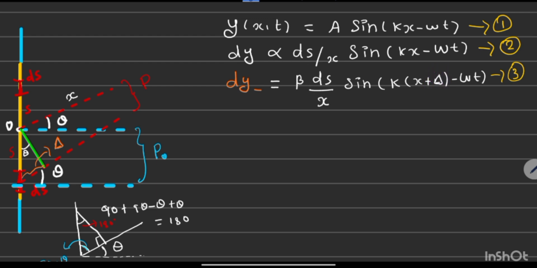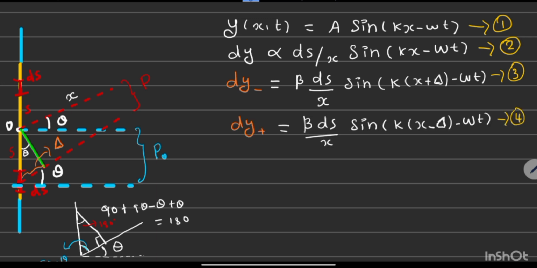To account for the path difference, I added the factor delta. Delta is the path difference. Now in a similar way I can consider a plane wavefront element in the upper half of the slit, which is dy plus equal to beta times ds, the same factor, and the path difference this time would be subtracted.